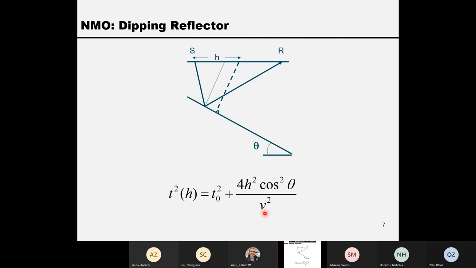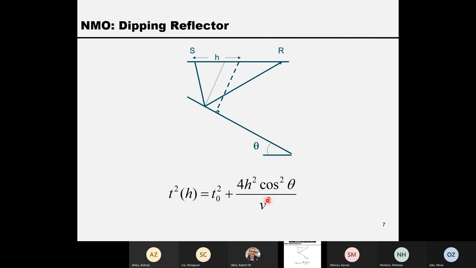So that means for the dipping layer here, the actual velocity is larger, because cosine theta is equal to or smaller than 1, so v divided by something equal to or smaller than 1 is larger. So the velocity we got from NMO is too small.